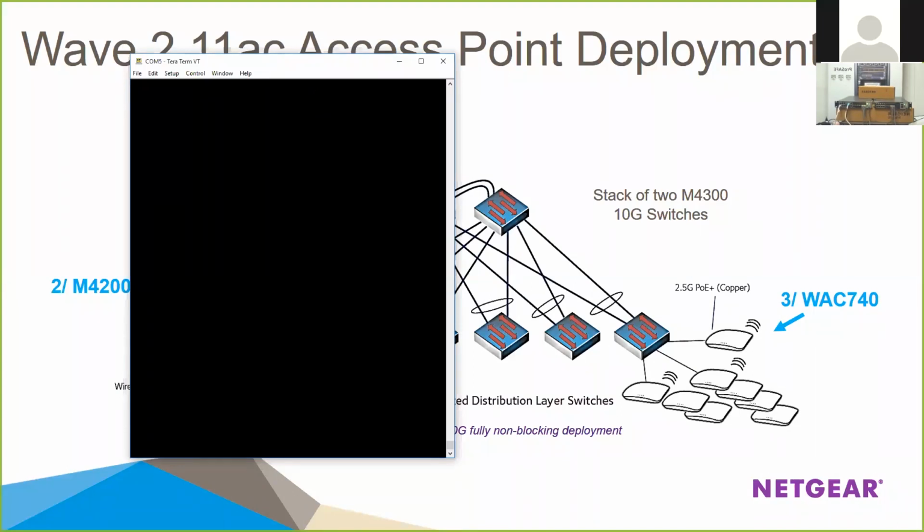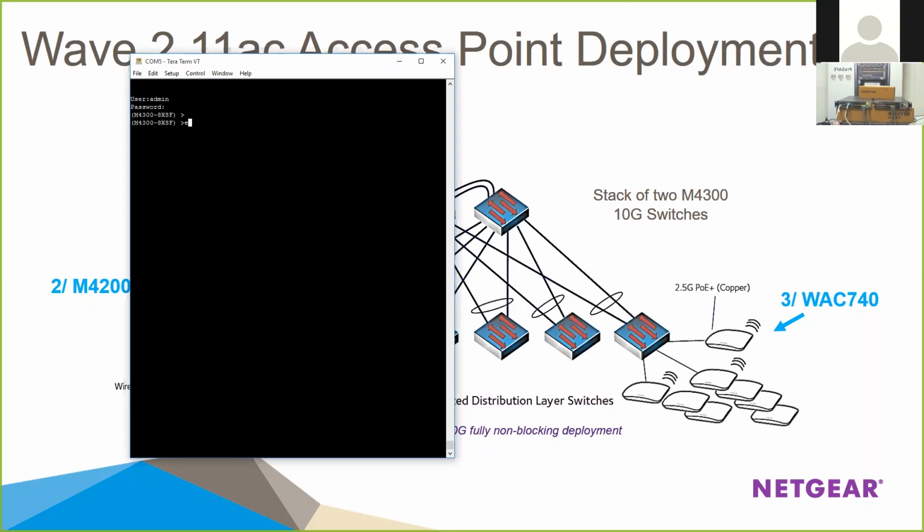But the good old method is the USB cable on the console cable. That's why it's always good to have a fully managed switch platform, because we can plug that cable and then click enter, and then we can actually see the user prompt. Username is admin by default, no password, and we see that we are connecting to that M4300 8x8F first switch.